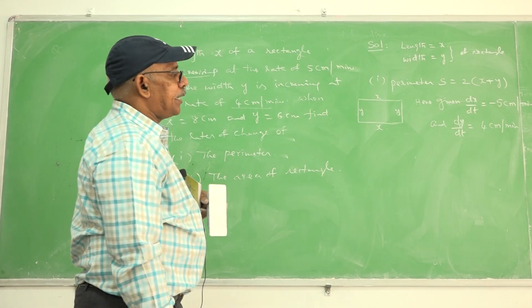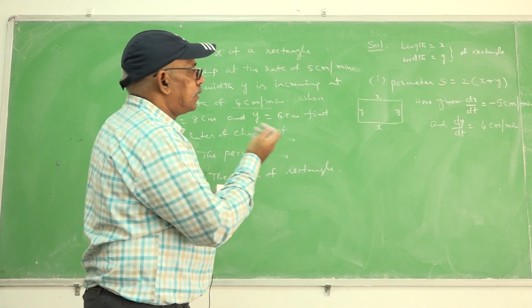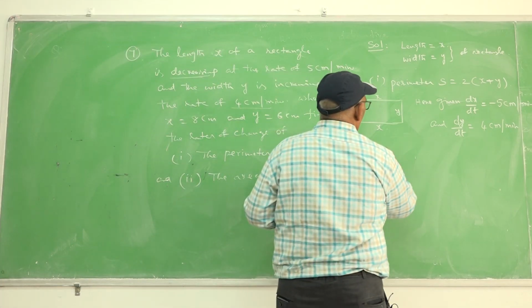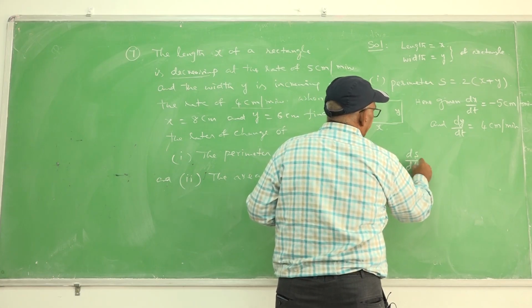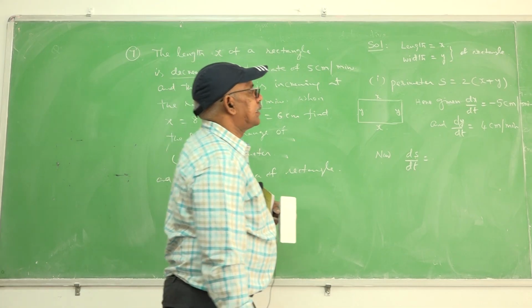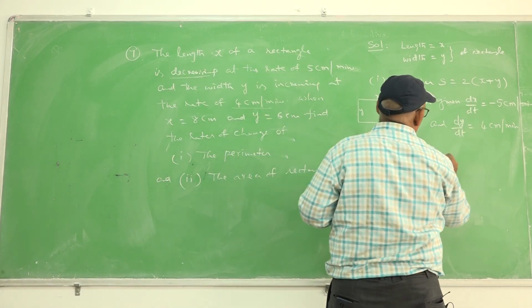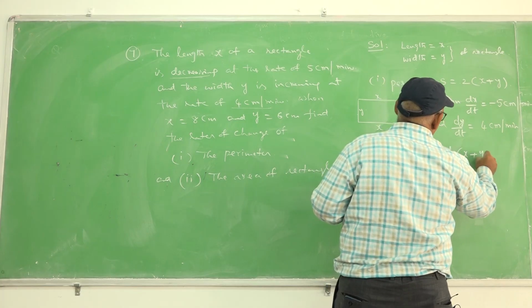Now based on this dx by dt and dy by dt, you have to find the rate of change of S, the perimeter. Now ds by dt, the rate of change of S is, since 2 is constant, 2 into d by dt of x plus y.